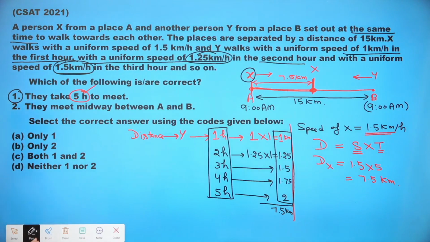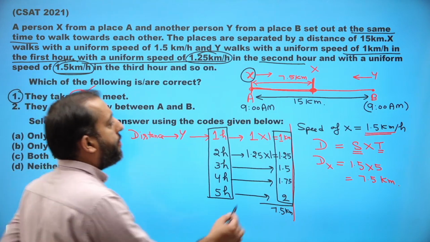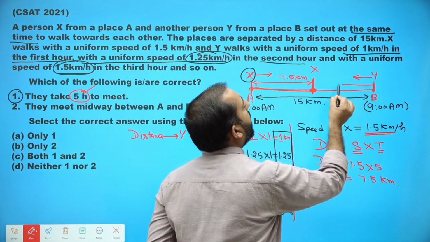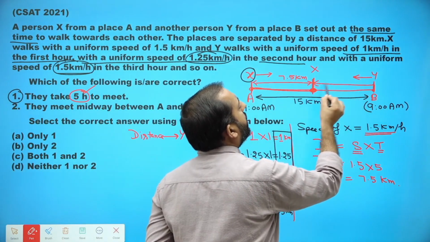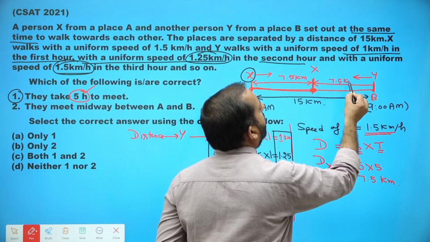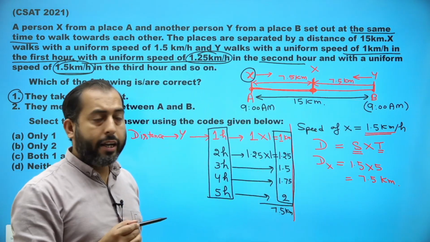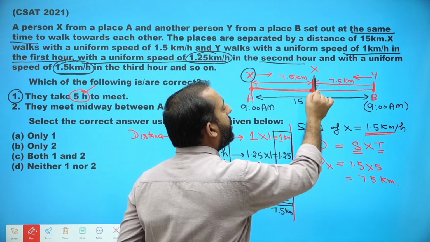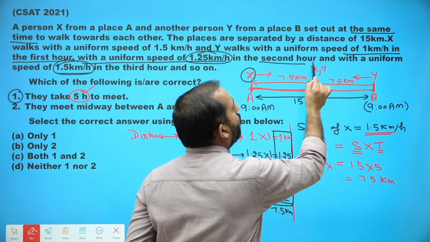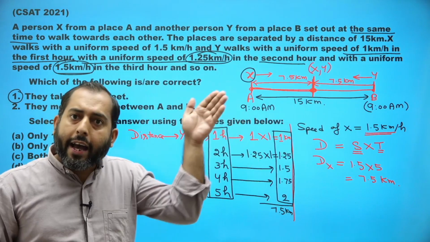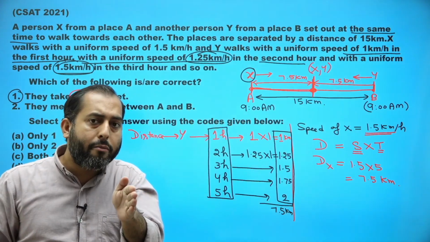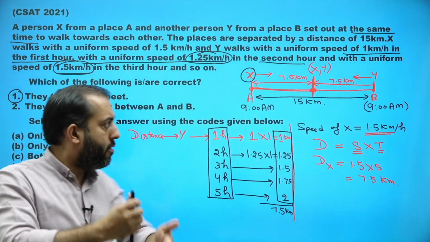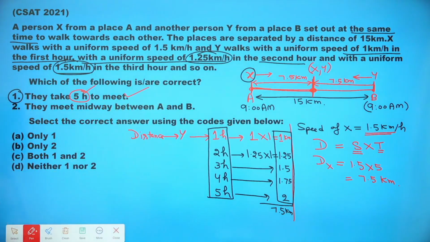Now it means from the very beginning, after 5 hours, Y will have covered 7.5 kilometer. So after 5 hours, Y will also be in the middle of A and B. After 5 hours, X is also in the middle of A and B, and Y is also in the middle of A and B. So definitely they meet. Statement number 1 is true.